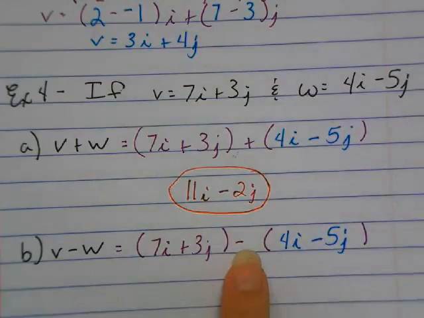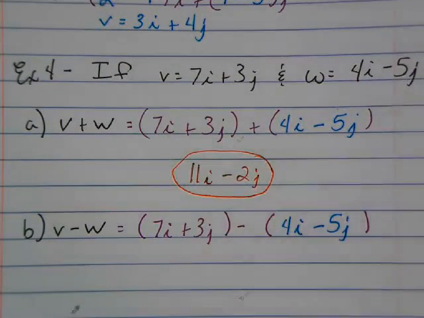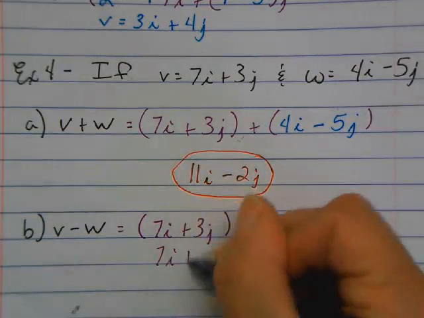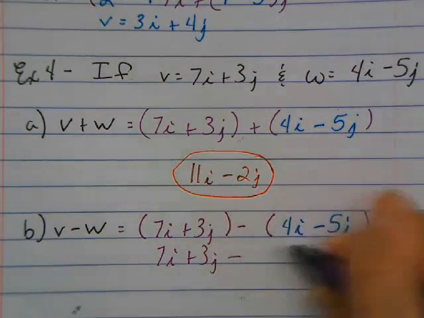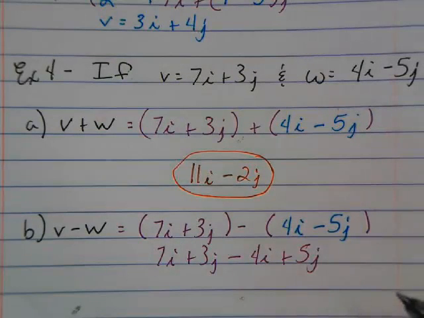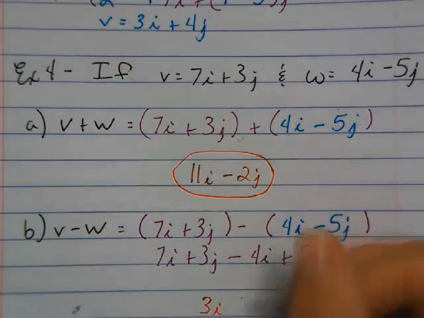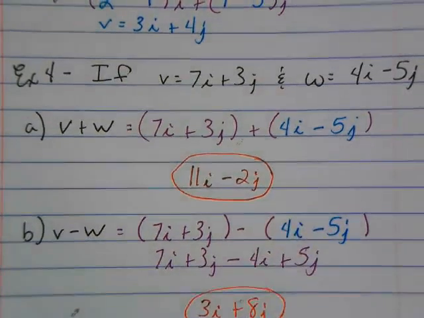That negative, remember, is going to get distributed. So I really have 7i plus 3j minus 4i plus 5j. Now I can go ahead and combine my like terms. 7i and minus 4i is 3i. 3j plus 5j is 8j. And that's how you add or subtract.